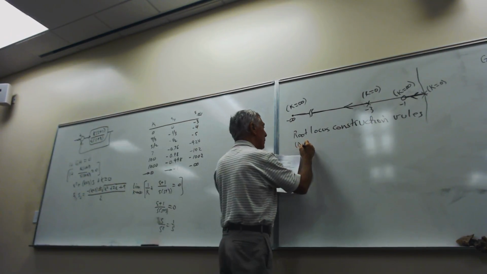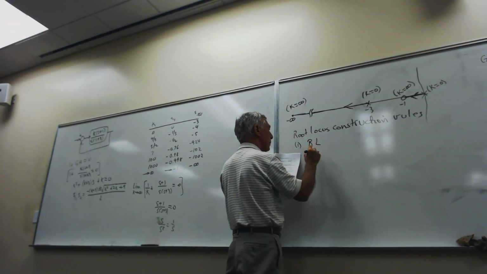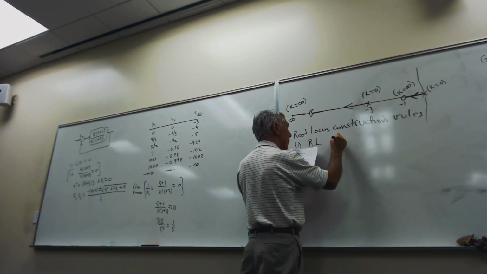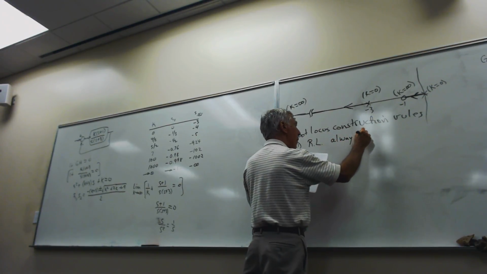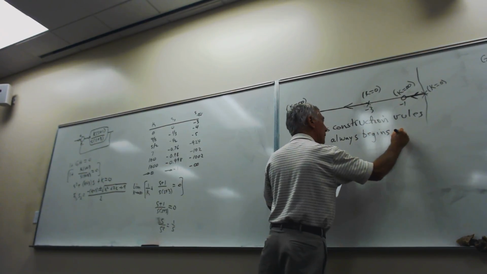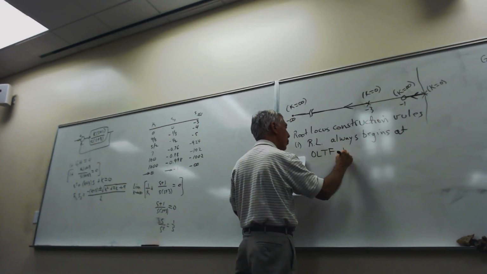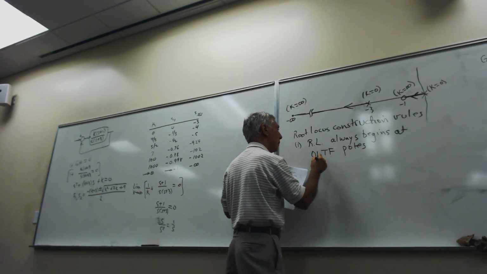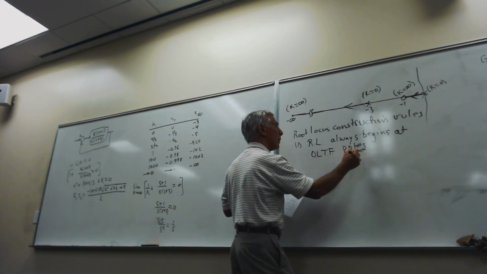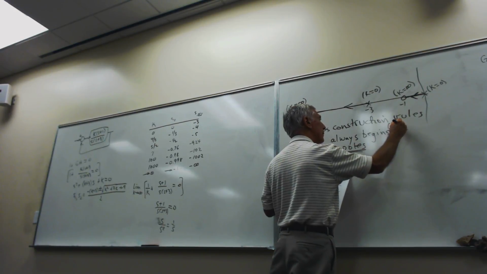So the root locus always begins at the open loop transfer function poles, OLTF poles. Begins, meaning k equals 0.